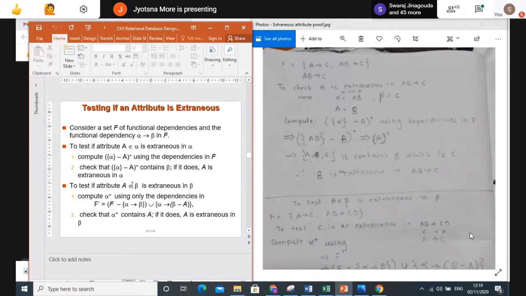For that the formula or rule is this: compute alpha plus using only the dependencies present over there.